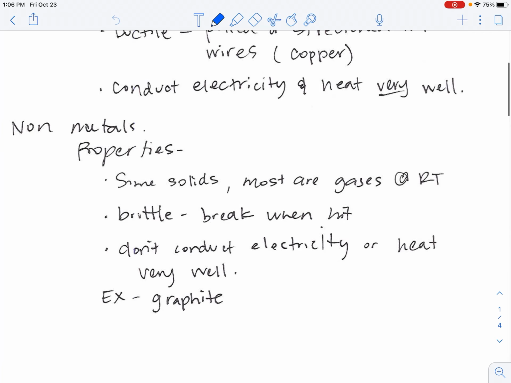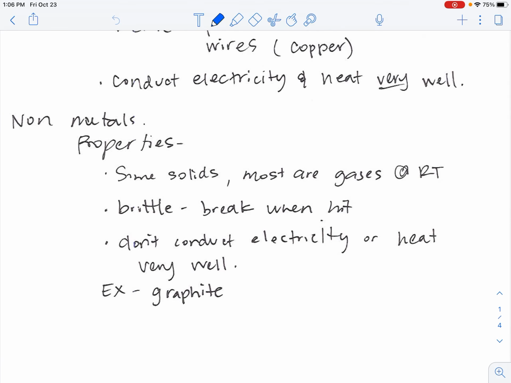Non-metals, on the other hand, are basically opposites. Some are solids, but most of them are gases at room temperature. Non-metals are in the upper right-hand corner of the periodic table, which I'll show you in just a moment. Metals, when you hit them with a hammer, tend to flatten out and not break. But for non-metals, the ones that are solids, they'll break when they're hit.